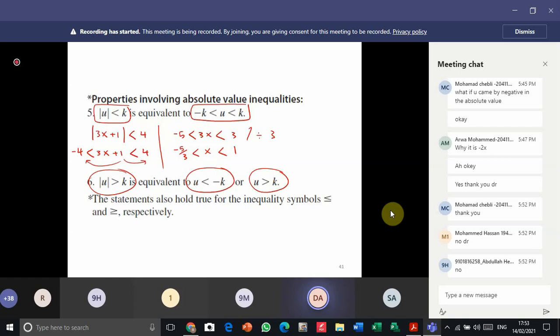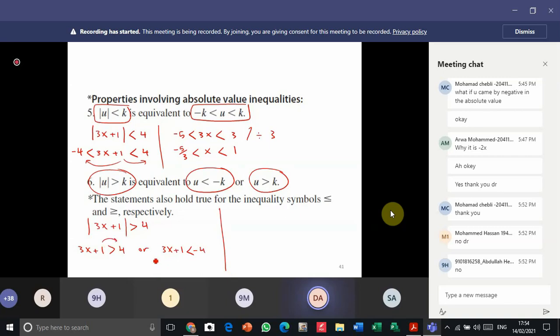The same example: 3x plus 1 with absolute value greater than 4 equals 3x plus 1 greater than 4, or 3x plus 1 less than negative 4. So we have two inequalities.